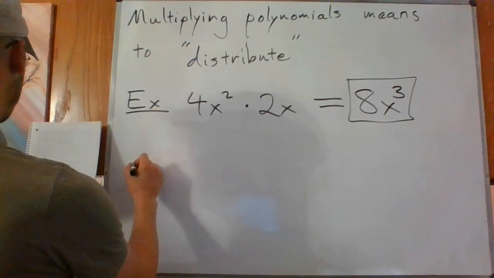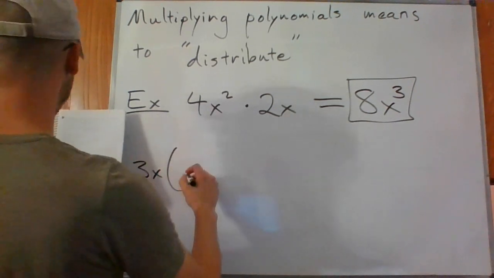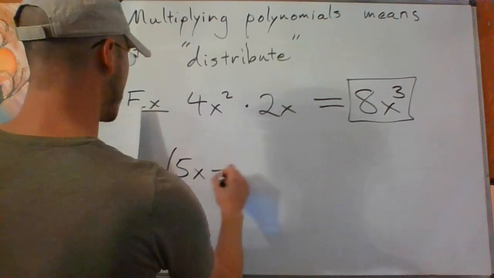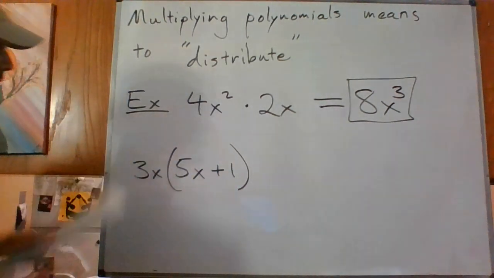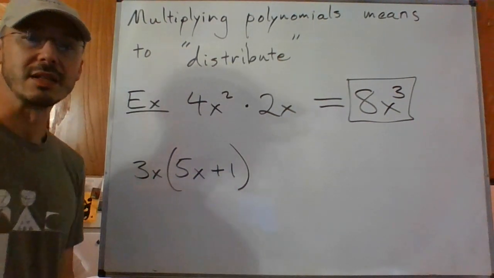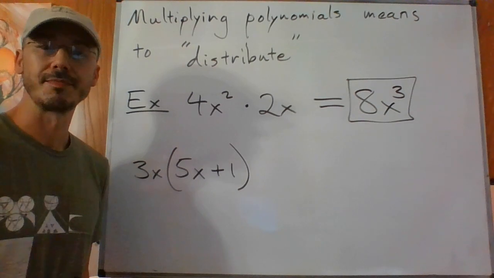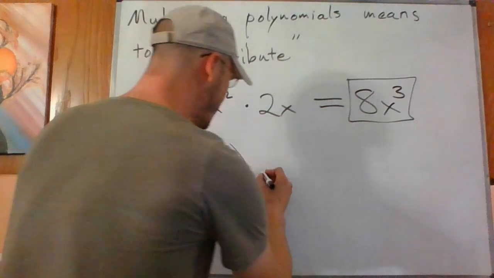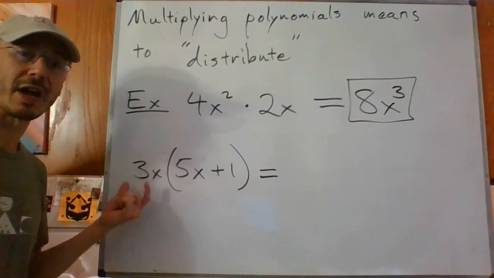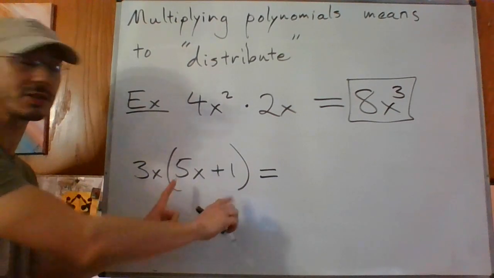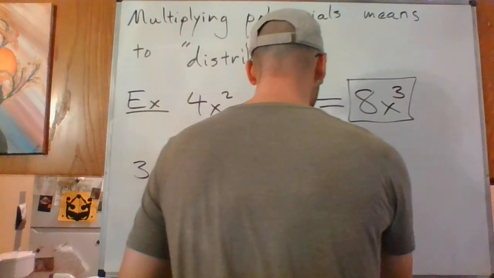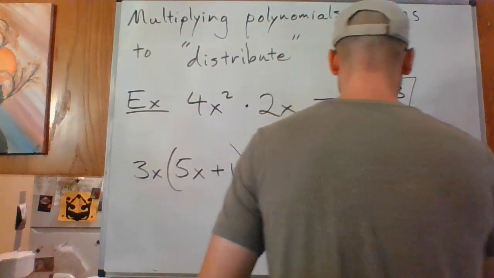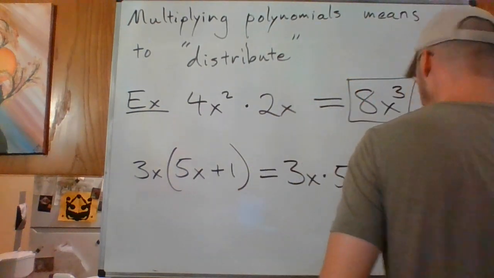Here's another one that is actually a distribution situation. 3x times 5x plus 1. So what that means is I have to multiply 3x by each of these terms. I'm going to write it out, 3x times 5x plus 3x times 1.